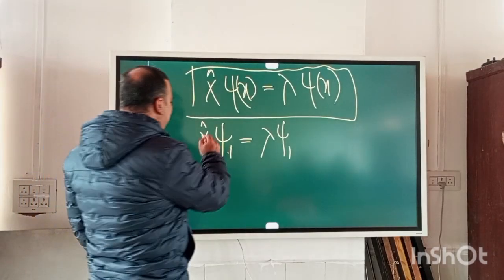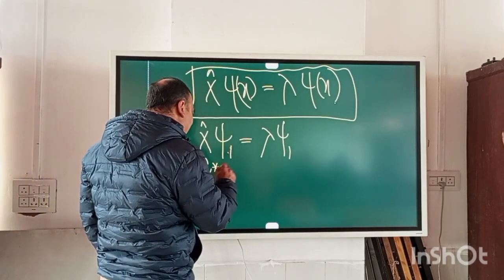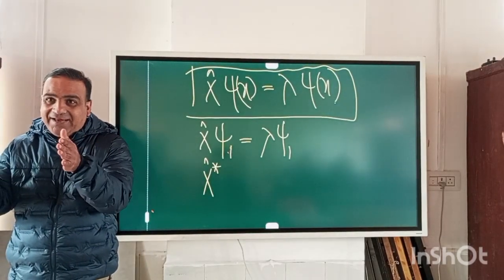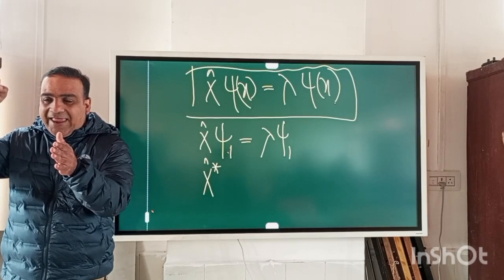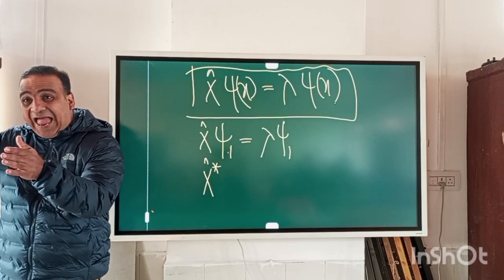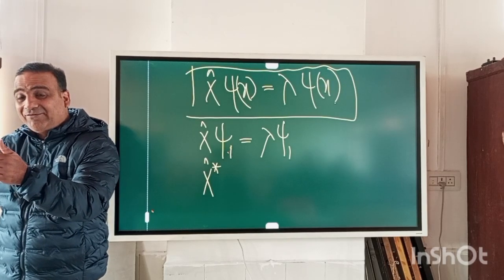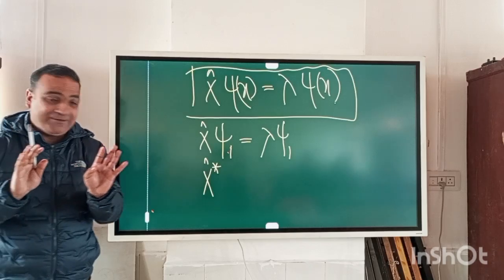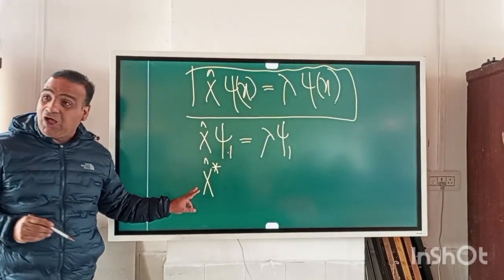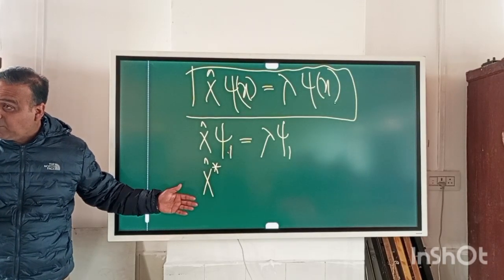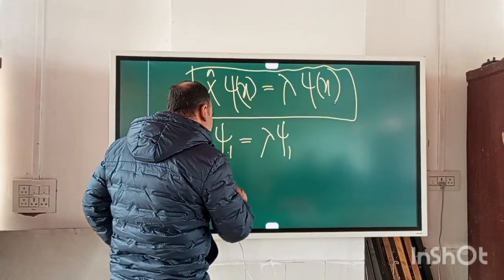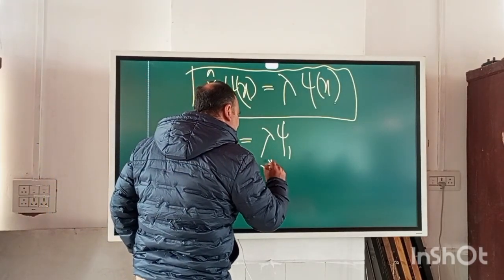No. And I'm using this x cap star. You remember the condition: the left hand side, integral psi star x cap psi dx, has to be equal to the integral of x cap psi star and psi. That's the condition I'm trying to use here. So this is my first energy eigenvalue equation, and if I take the star, the complex conjugate, of this equation for psi 1, I will get lambda star.